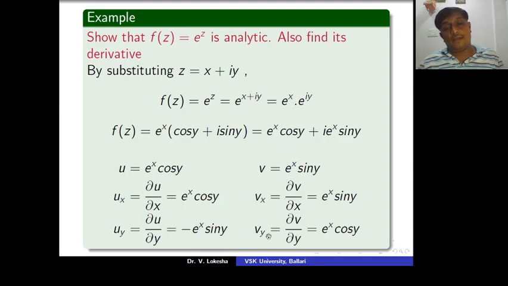And v_y becomes, e^x is treated as a constant, sin y becomes cos y. You can see here u_x = v_y and v_x = -u_y. It satisfies the Cauchy-Riemann equations, which means it is analytic.